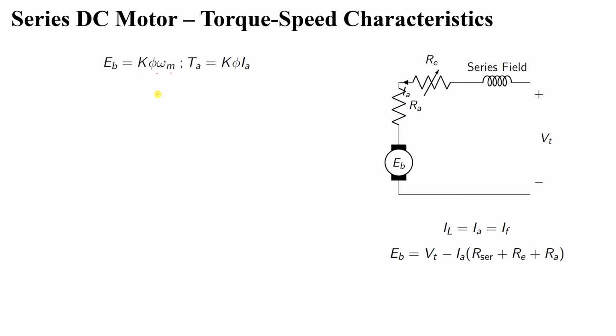Now what I would like to do is type omega, so omega will be E back over K phi. But before this we can do a little trick here. What is the trick exactly? As you can see, all of these are in series with each other, so as I armature increases, our flux increases, right?